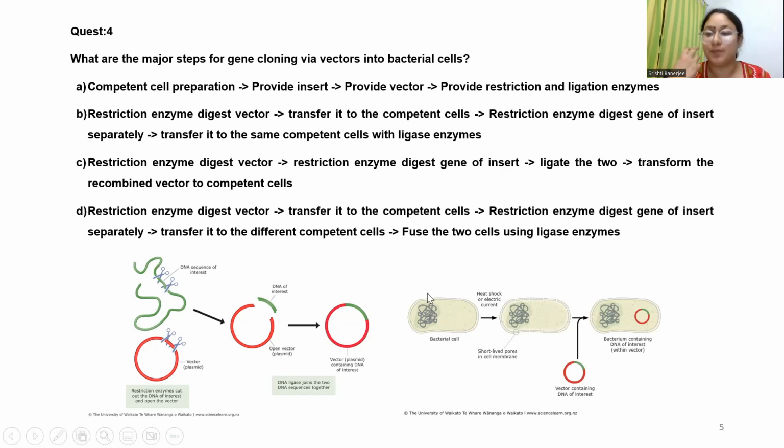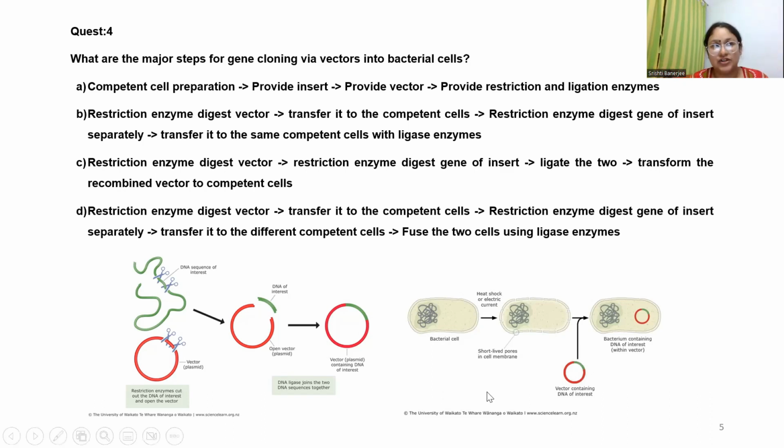So you make the cells competent enough to uptake the foreign gene or the plasmid that has your gene of interest. Within the bacteria, it will now multiply. You're supplying the bacteria with your vector, and it will increase in number, and from one you have n number of copies of your gene of interest within the cell.